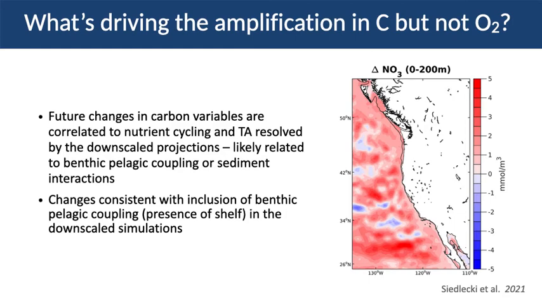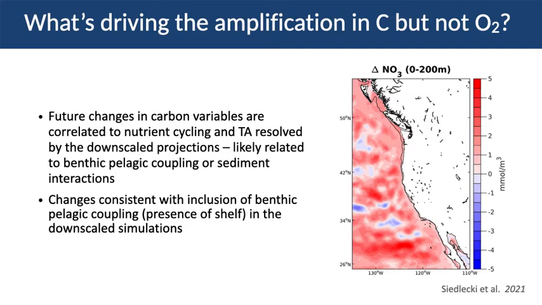So then what's driving that amplification or the modification in the carbon variables, not in oxygen? It turns out that the future changes in the carbon variables are all correlated to nutrient cycling and total alkalinity variability resolved by the downscaled projection.